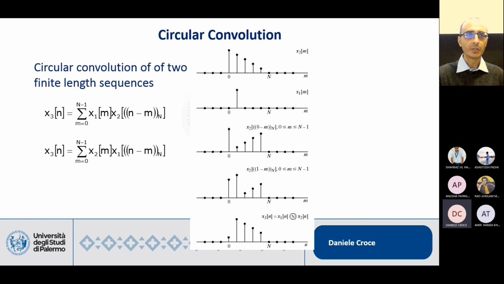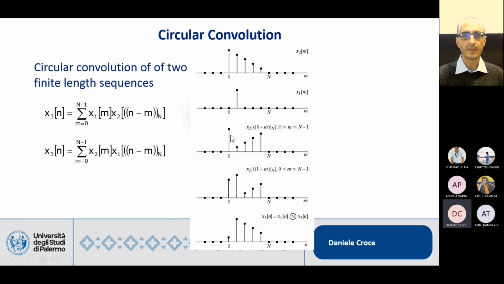So the circular convolution of two finite length sequences is defined modulo capital N. So what goes outside from here goes inside on the other side. When you subtract, of course, first you're flipping, but also the first element is fixed.